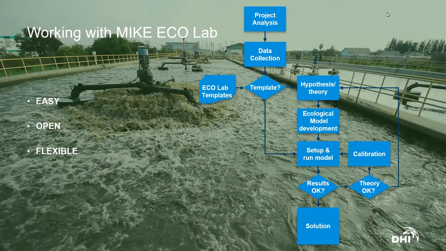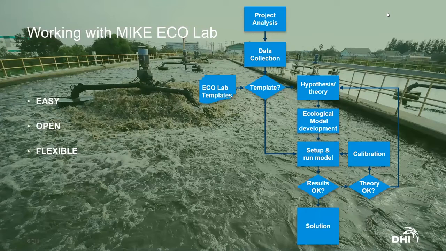So it goes for Mike 3, which is a 3-dimensional model. It goes for the groundwater. It goes for rivers and urban systems. And so you have all the water going around with the physical model, and then you add on the biogeochemical model, the Ecolab, which is basically taking care of the processes.